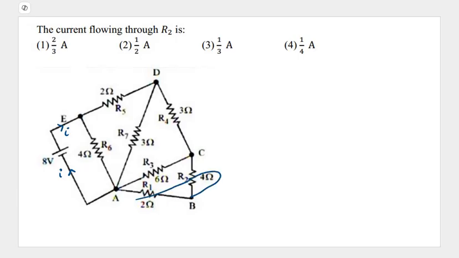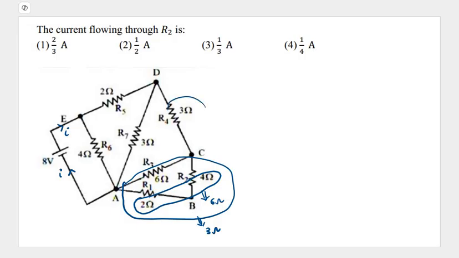This 2 ohms and 4 ohms will be in series with each other. The answer comes out to be 6 ohms. This 6 ohms and this 6 ohms are in parallel. The answer comes out to be 3 ohms. So this 3 ohms and this 3 ohms will be in series. Again the answer comes out to be 6 ohms.